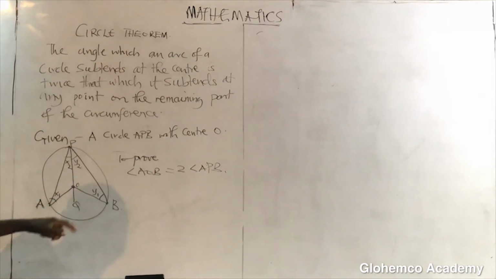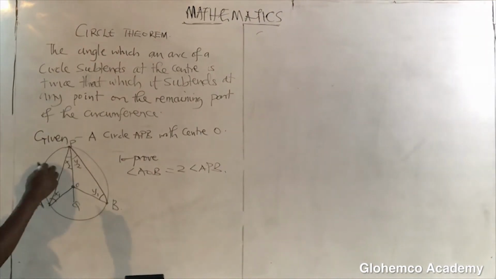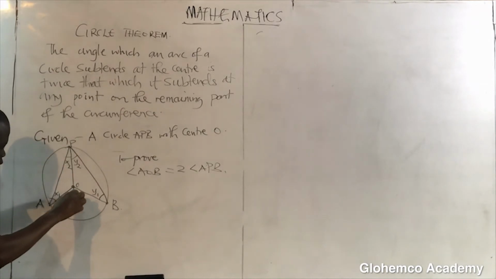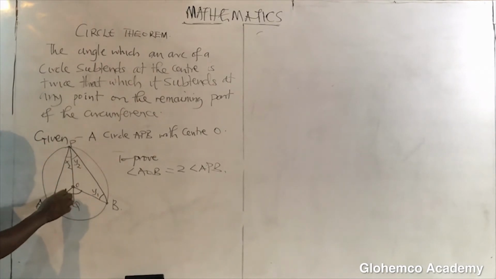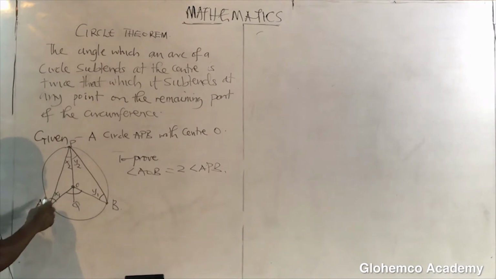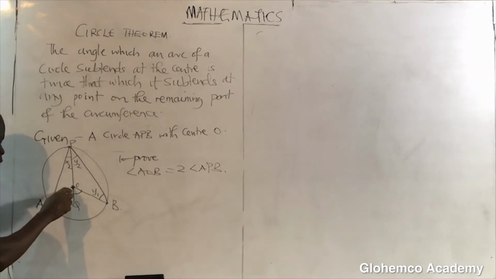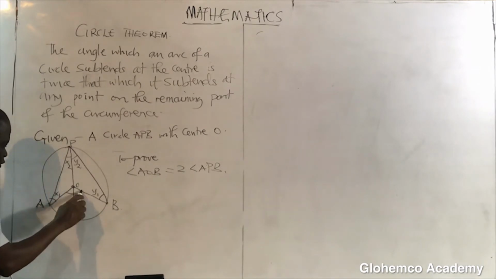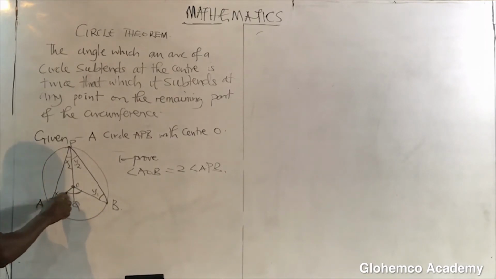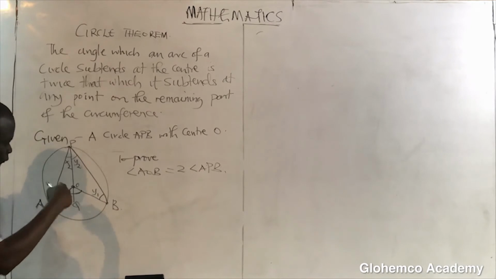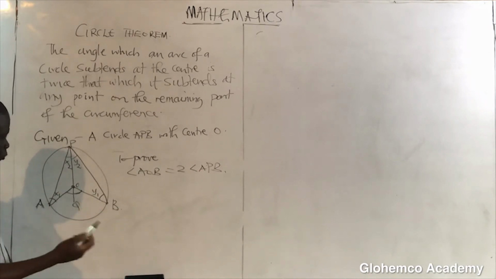The angle we are referring to is this angle. When you talk of angle AOB, two angles are at this point. AOB is this one. We still have another one called the reflex of AOB.